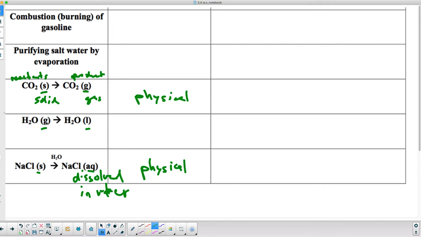This is a physical change because dissolving does not change the structure. It changes the appearance, but after we put salt in water, we still taste the salt in the water. We're just combining properties. We're not changing something into something new. That's the key right there. If it's not changing into something new, then it's a physical change.